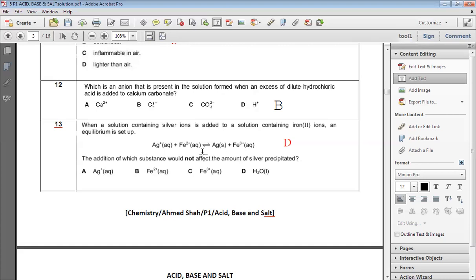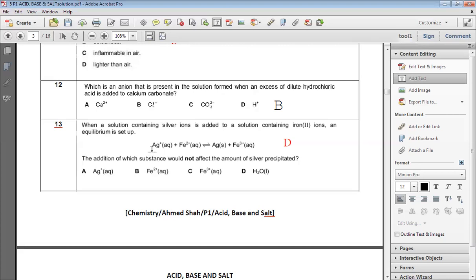Keep this in your mind. Silver chloride is insoluble, silver bromide is insoluble, silver iodide is insoluble. If the iron 2 solution contains chloride, bromide, or iodide, they produce insoluble precipitates in different colors. Silver chloride is white, silver bromide is pale yellow or white, and silver iodide, which is produced as a solid during the reaction, has a yellow precipitate color.